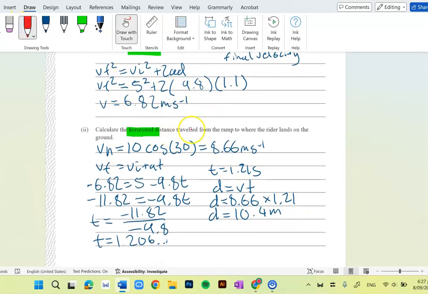This is a pretty tricky question. There are some bits you have to know, especially that horizontal and vertical stuff. You need to know the difference between the two. If you get a final answer of 10.4 meters, that's an excellence.